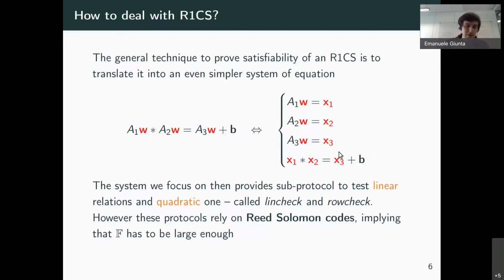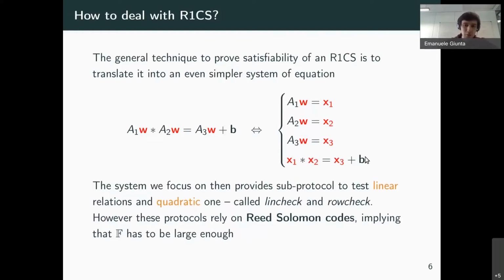And instead of just opening a code word, the verifier can ask to open a linear combination or even a product of these code words. For instance, in the last case, given code words f1, f2, and f3 for the vectors x1, x2, and x3, we can ask to open a single position of the product of the first 2 and check whether it is equal, in a given position, to the code word associated to x3 plus a code word associated to b, which the verifier can compute on its own.